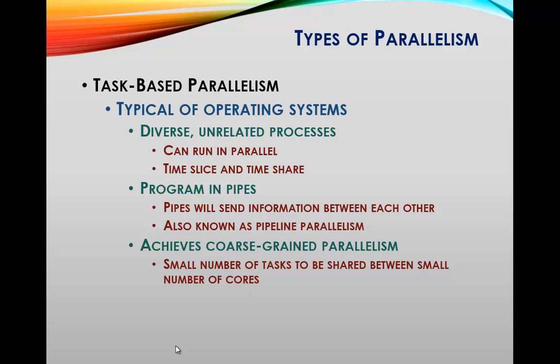You can also program in pipes. Basically, you will be able to share information between the pipes, which is so-called pipeline parallelism. All of this is quite capable of running a small number of tasks that may also be shared between various cores of processors that you have.